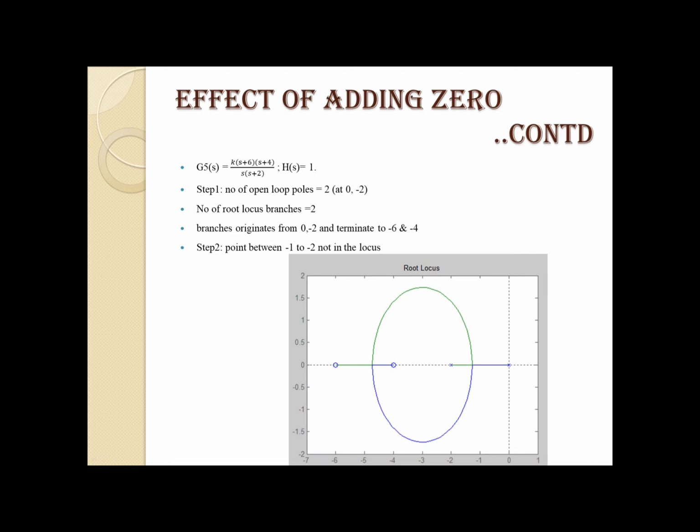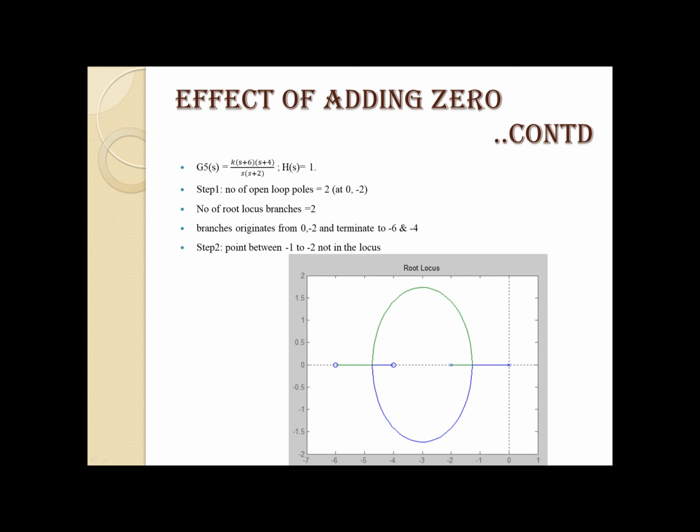Next, we are adding one more zero to this system, so the zero locations are -4 and -6, whereas the pole locations are 0 and -2. Here the feedback is considered as 1, and for this system the number of open loop poles is 2, and the number of root locus branches will be 2.